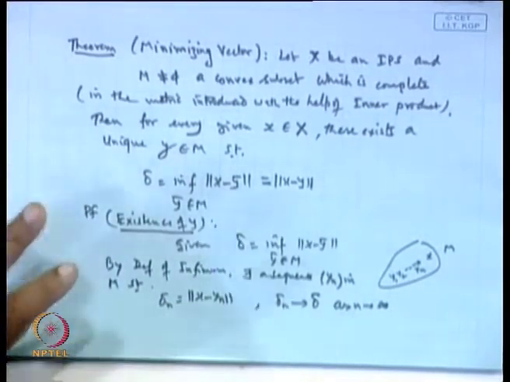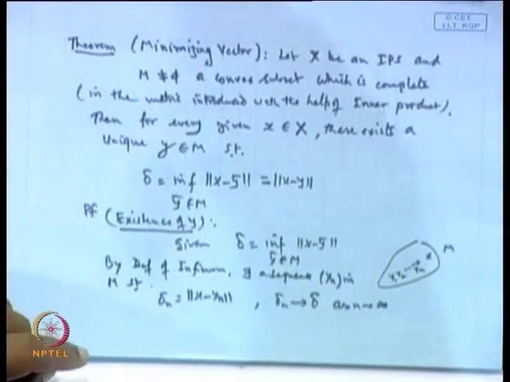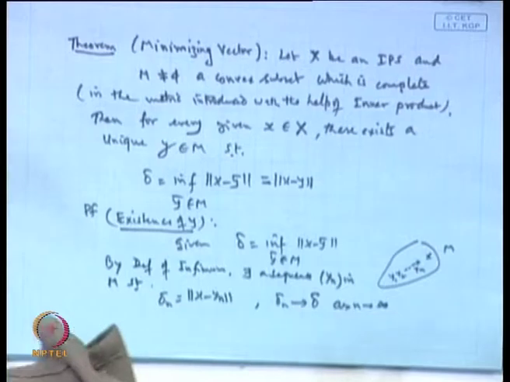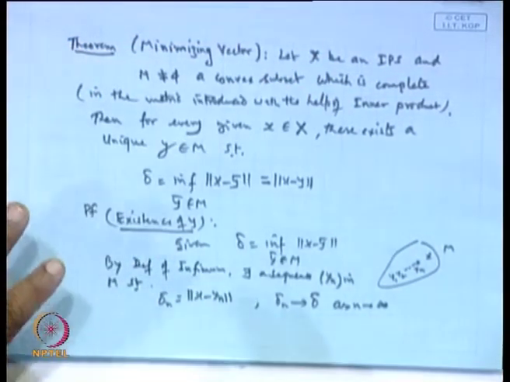Is it correct or not? Because this infimum is delta. So, there must be a sequence y n so that the norm of x minus y n, which is delta n, will go to delta as n tends to infinity.